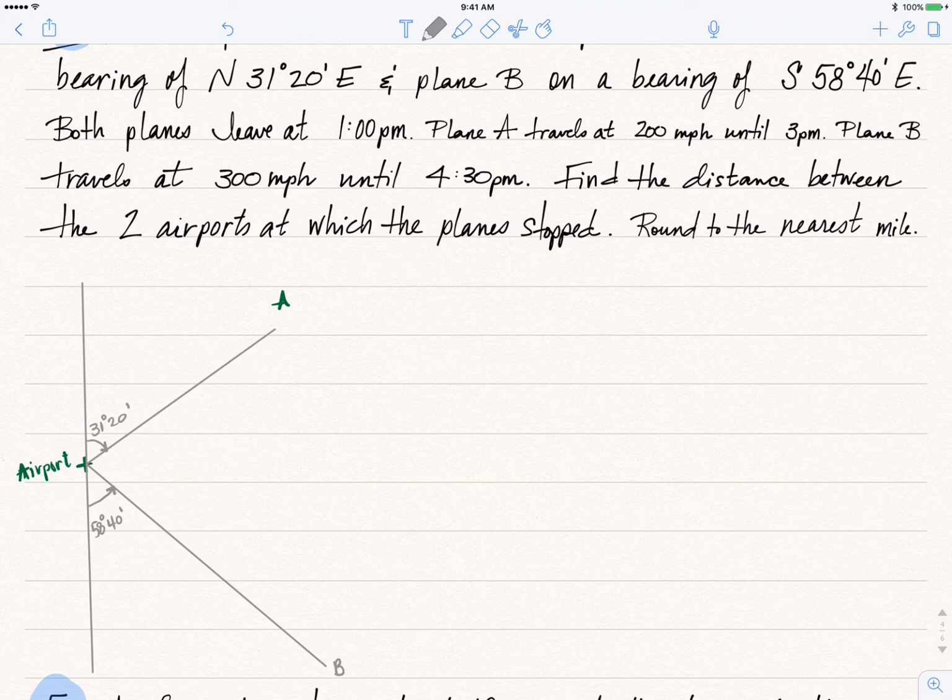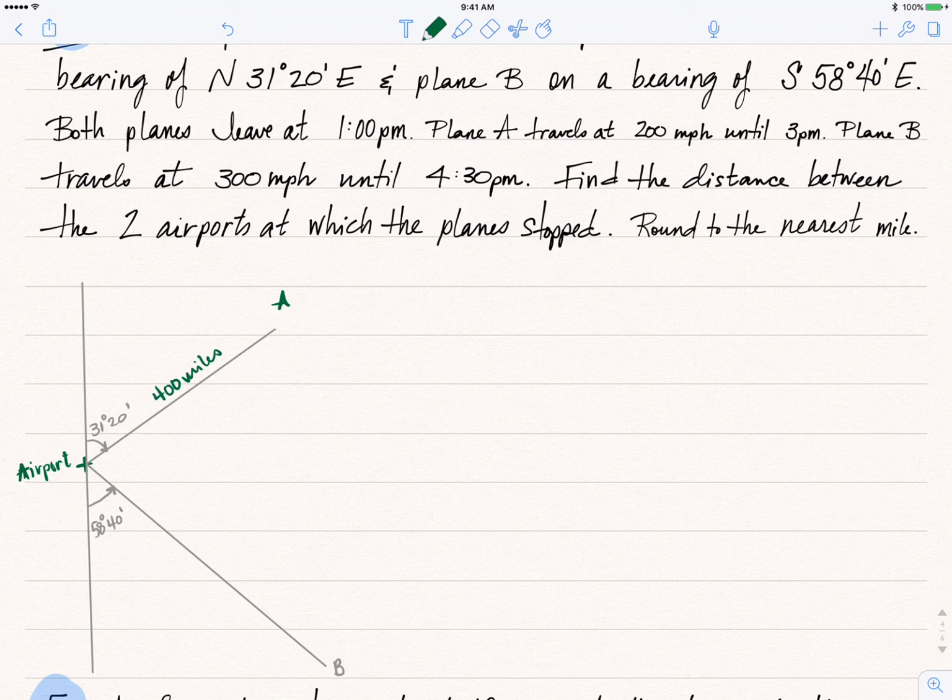Now let's talk about how far they flew. This is the direction that they flew. How far did they fly? So this, changing back into green here, both planes left at 1 o'clock in the afternoon. Plane A travels 200 miles an hour until 3 p.m. So plane A traveled for 2 hours at 200 miles an hour. So we know that plane A went for 400 miles.